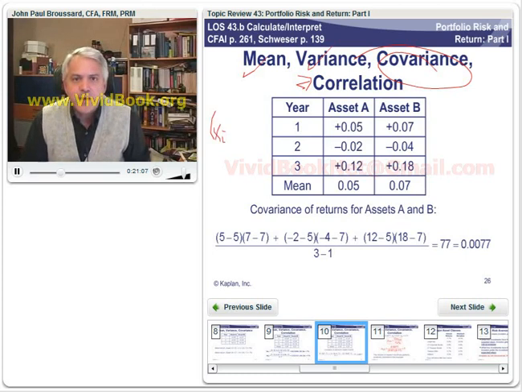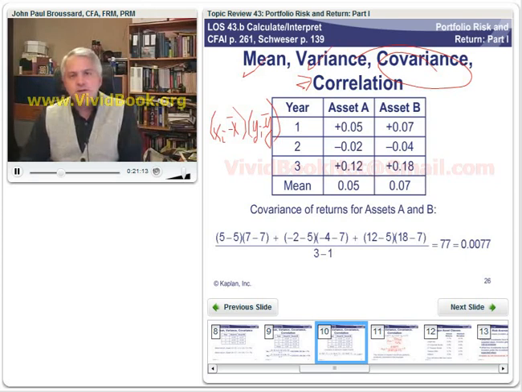But co-movement, or covariance, is nothing other than each observation's deviation from the mean multiplied across all of the observations and then divided by n minus 1.